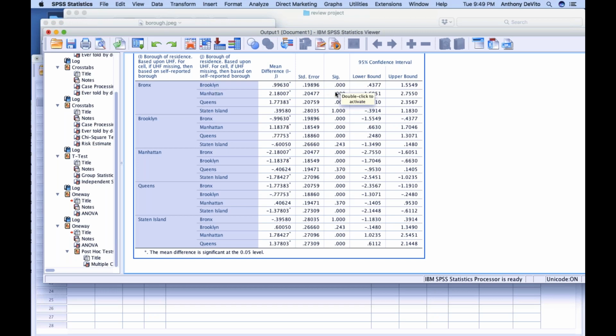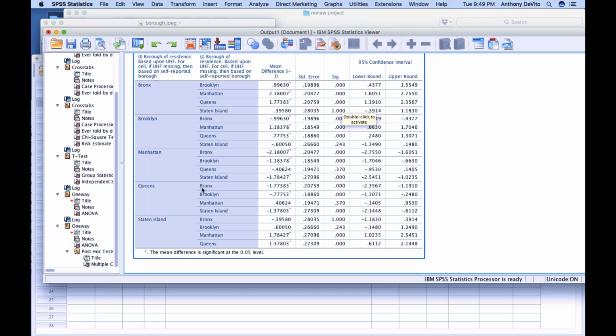Bronx versus Manhattan, significantly different. Queens versus Bronx, significantly different. Bronx versus Staten Island, we have not proved them to be different means. That's not significantly different. How about Manhattan and Queens? We haven't proved a significant difference there. On the other hand, Brooklyn and Staten Island, we haven't proved a significant difference there.